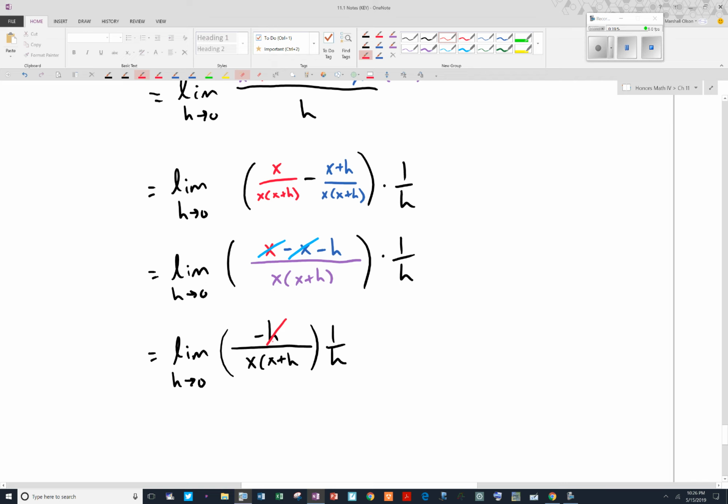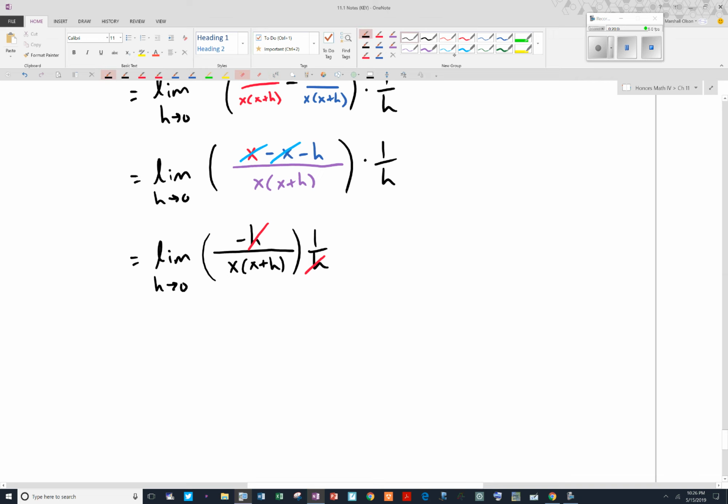These h's cancel out, which means I can now put 0 in for h. Let me write our simplified form: negative 1 over x times x plus h, after those h's cancel out.